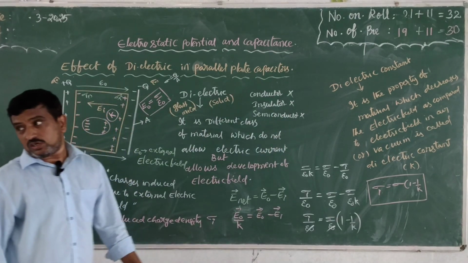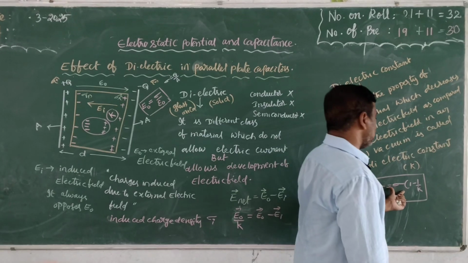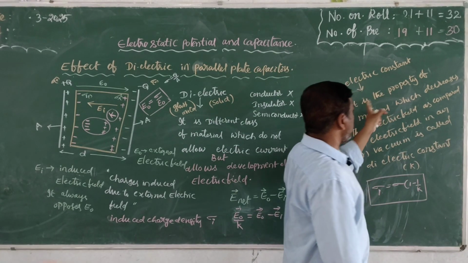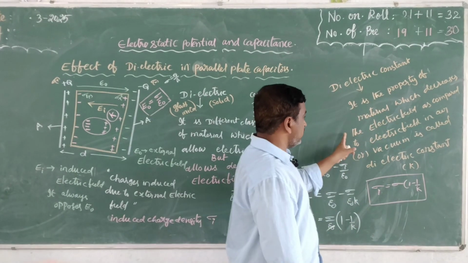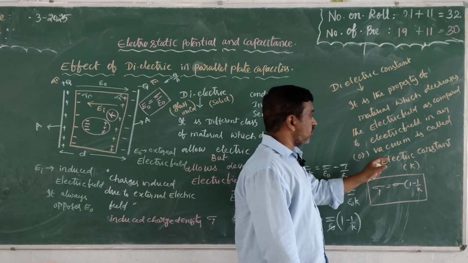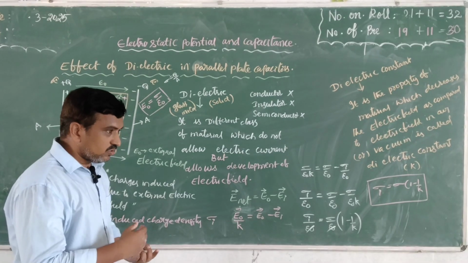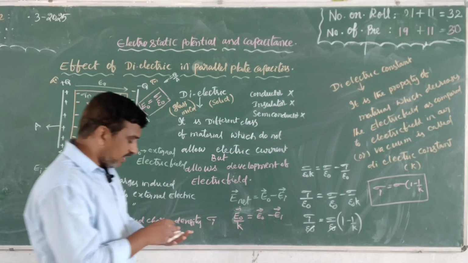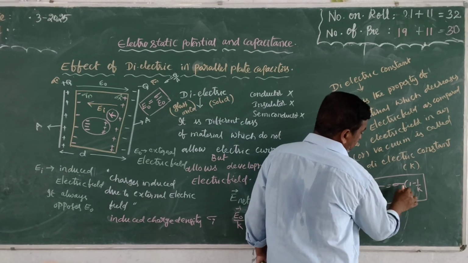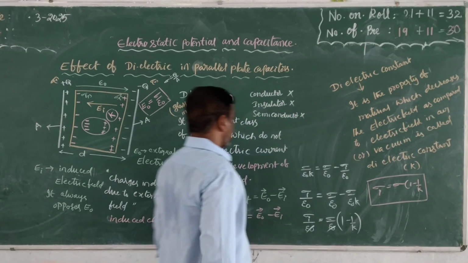For finding the induced surface charge density, we have this formula: sigma I equals sigma into 1 minus 1 by K. Here K means dielectric constant, the property of material which decreases the electric field as compared to the electric field in air or vacuum. Sigma means surface charge density. It is the basic concept.